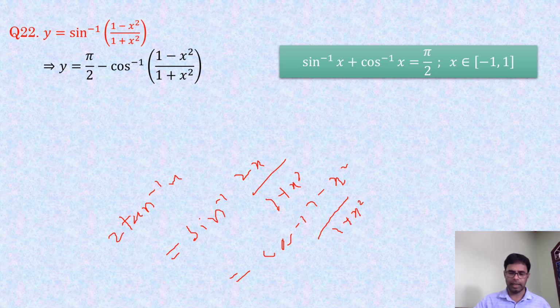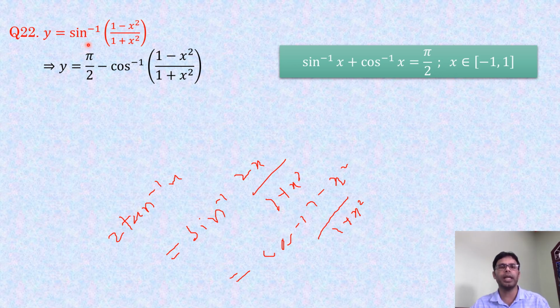I am telling you here that if this is cos inverse, then we have the formula. But it is not given in terms of cos inverse. But we have another formula in our inverse trigonometric chapter, that sine inverse x plus cos inverse x is equal to pi by 2 only. So using this formula, you can convert sine inverse x in terms of cos inverse x, or cos inverse x in terms of sine inverse x.